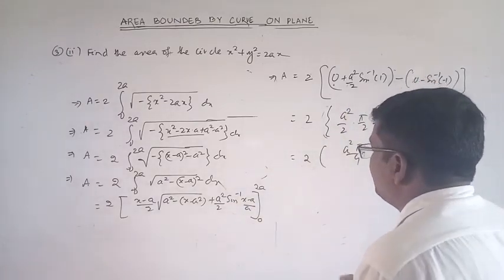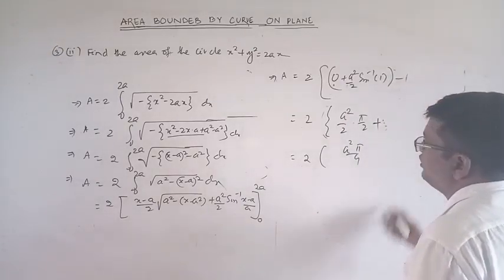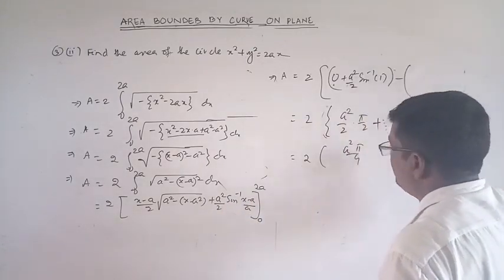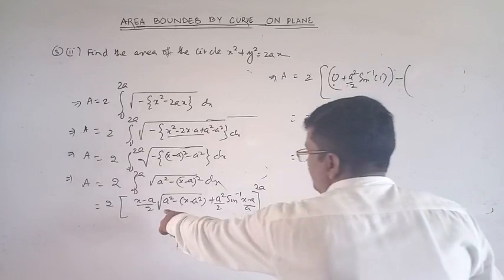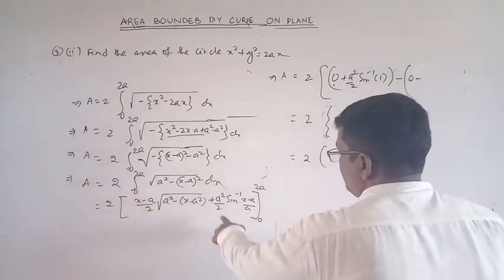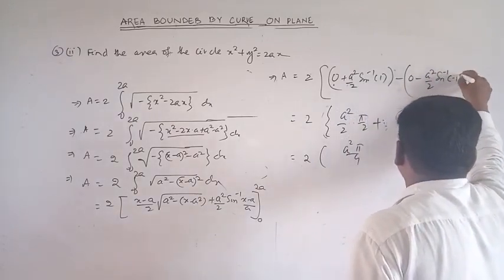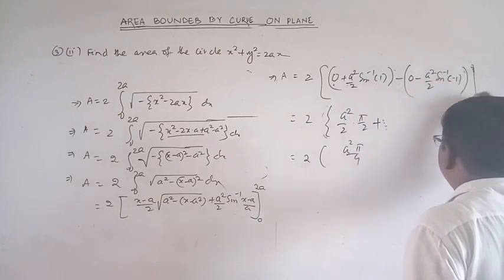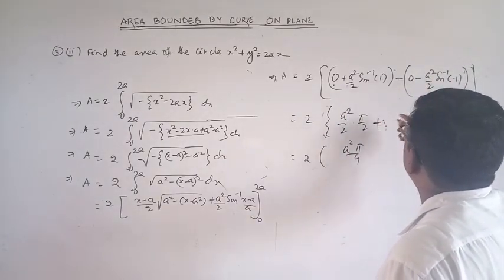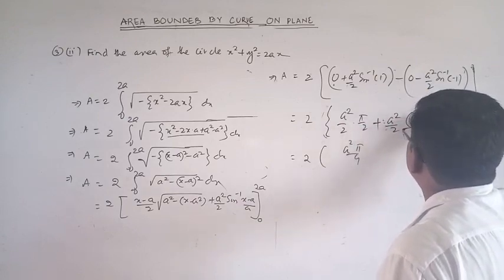One thing is left here. The first term is 0 at both limits, put x is equal to 0, this is 0, and 0 minus a square by 2 into sin inverse minus 1, which is minus pi by 2.